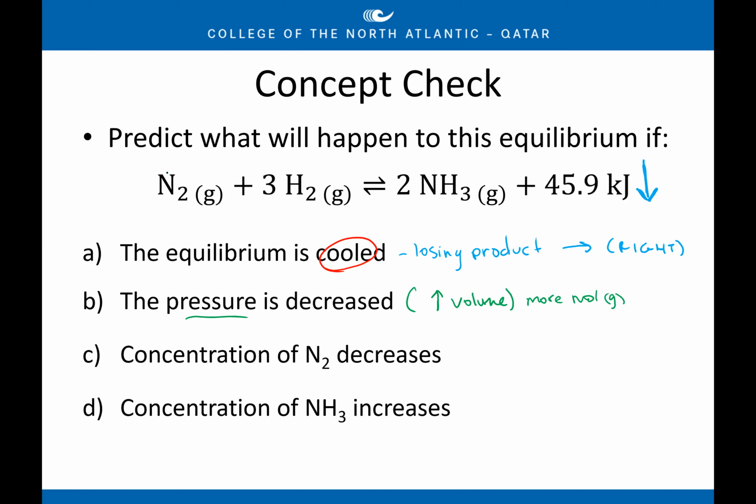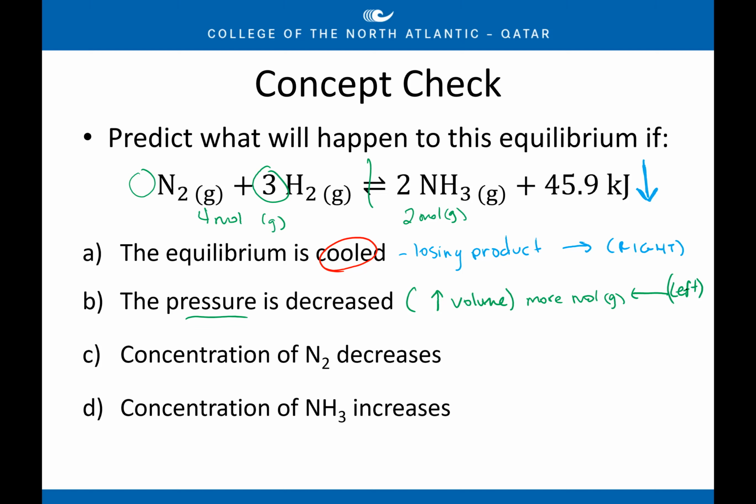Going up to this question, we have 4 moles of gas on the left, and on the right side, we have 2 moles of gas. So if pressure's going down, that means more volume, which means more moles of gas. This would go left. Tricky question for sure, but there are worksheets on this. If you didn't get it right, you can practice.